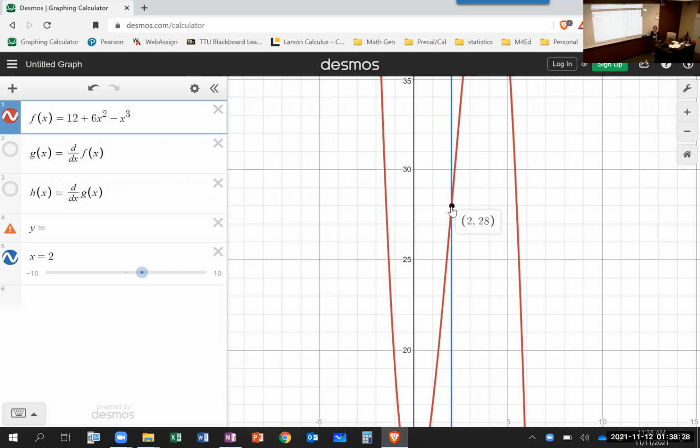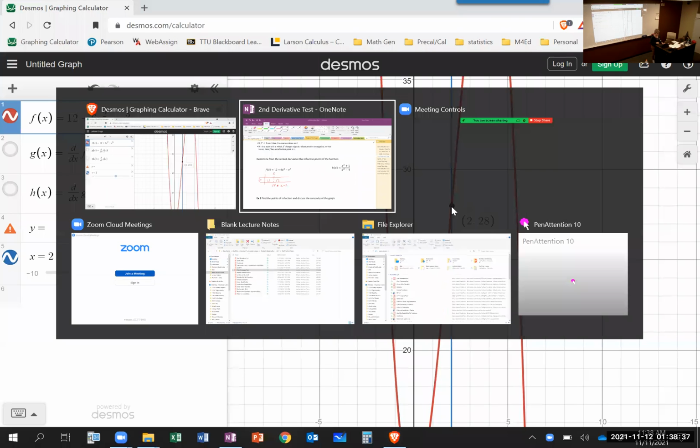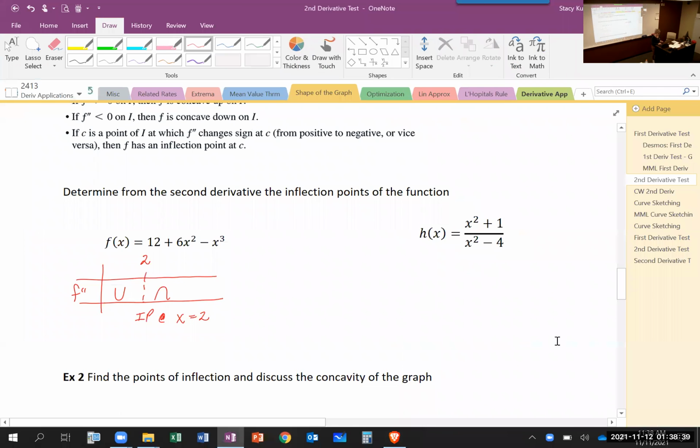Does anybody know anything about concavity and inflection points related to statistics? No? All right, so statistics is based on calculus and our normal curve. Y'all remember the normal curve? Did you ever take statistics?